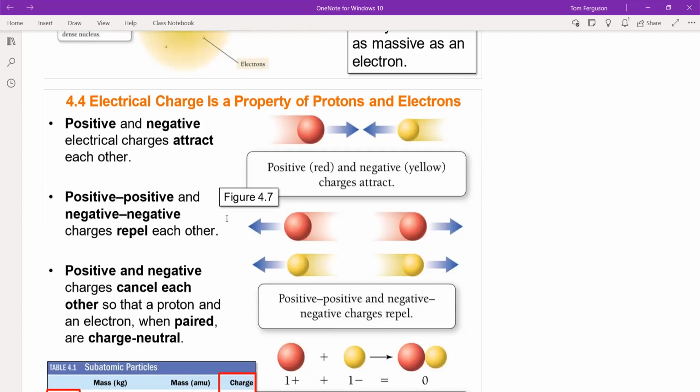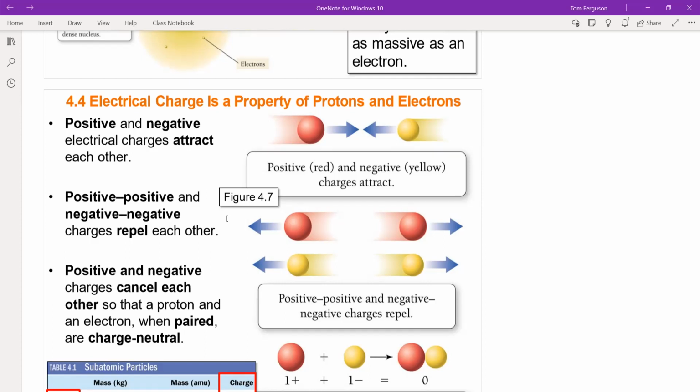We already mentioned this, opposites attract. It's like the North and South pole of a magnet attracting one another. Like charges repel. You can neutralize one charge with the opposite charge. Like you have a proton, and an electron produces a net charge of 0.